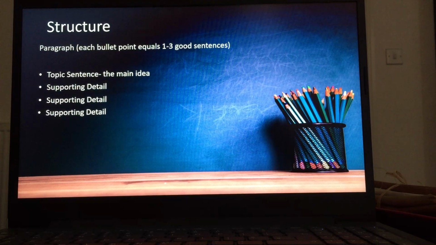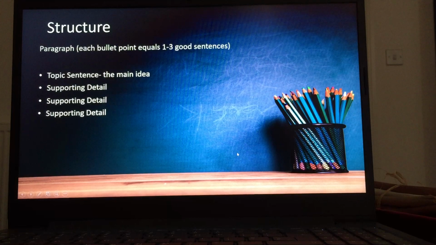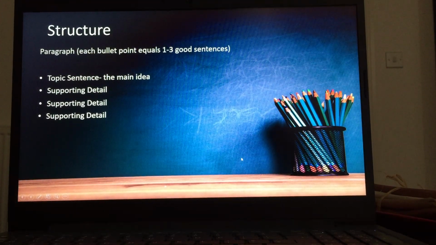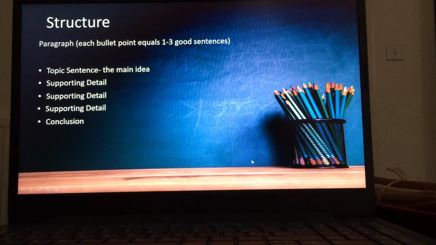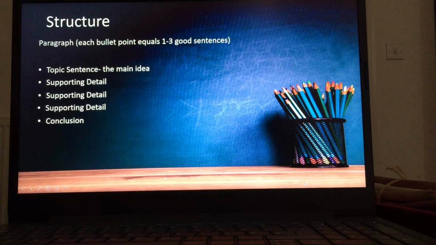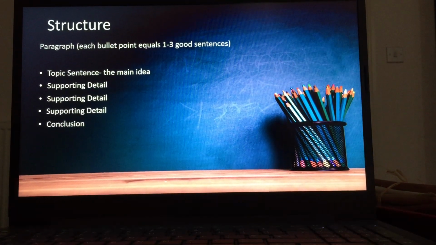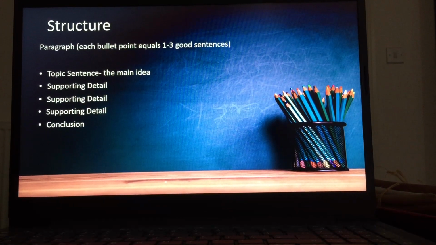Each of these bullet points would be about 1 to 3 good sentences in length. And finally, you would have your conclusion. Important reminder: your conclusion sums up. It's the ending. We don't start with any new ideas in your conclusion.